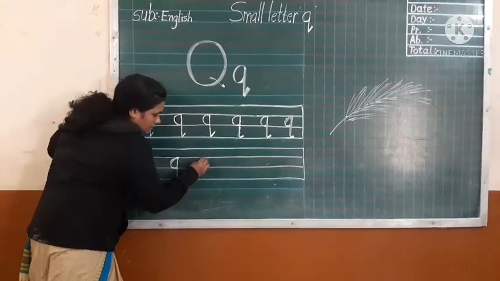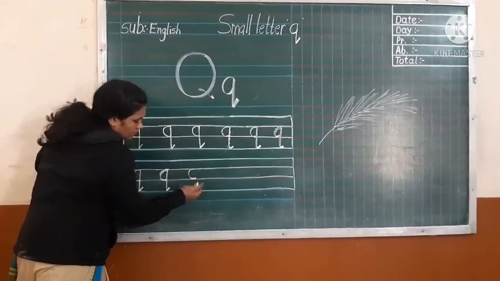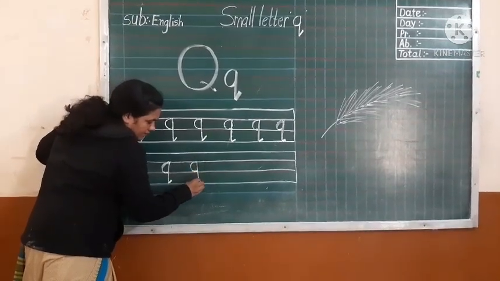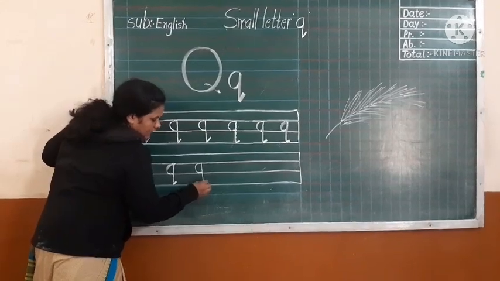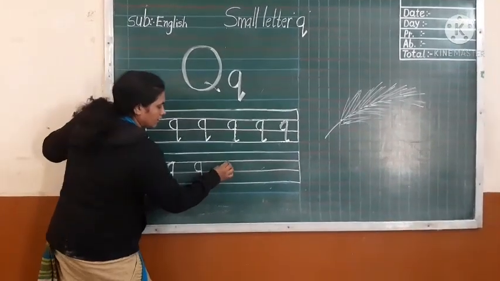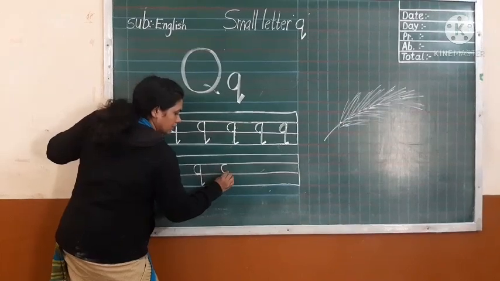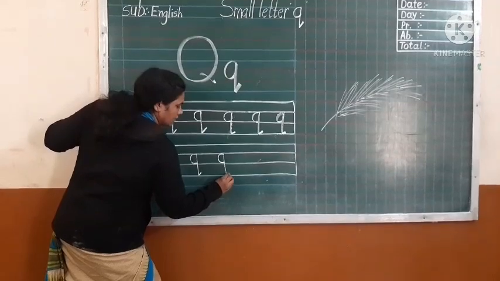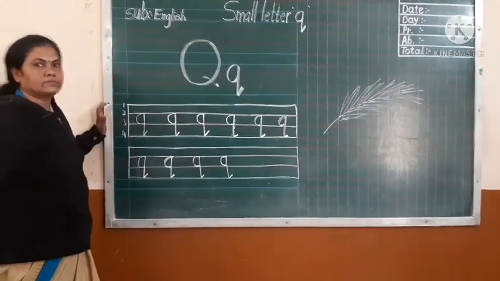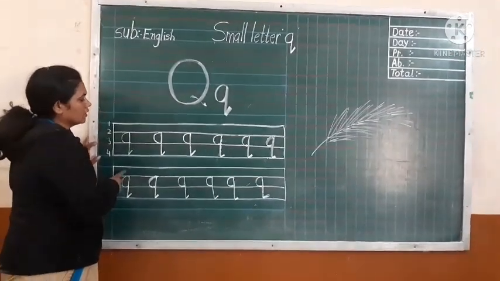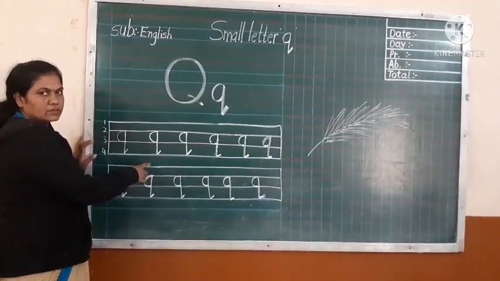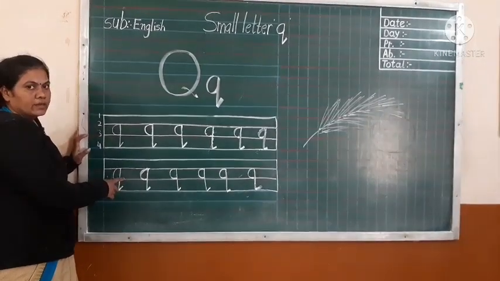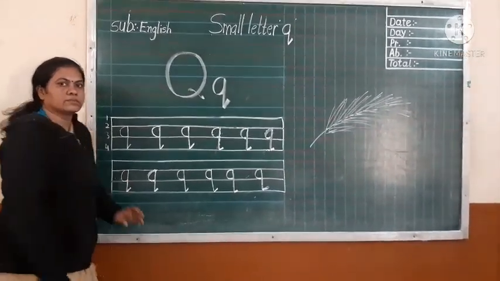Again, little curve, make up to down, make standing line and little slant line. Again, little curve, up to down, make standing line and little slant line. This way students, how to trace Q and how to write small letter Q. Okay students?